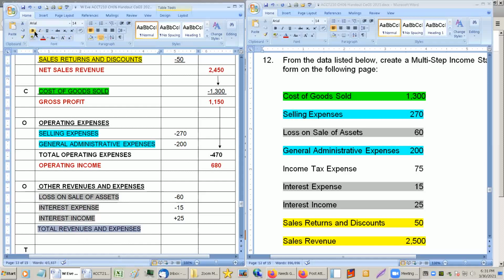This will fit or not if I bold it. Hey, it does. Okay, so let's do underline.